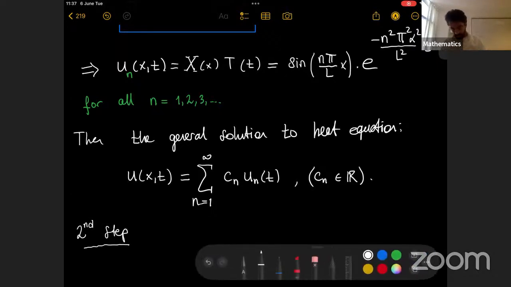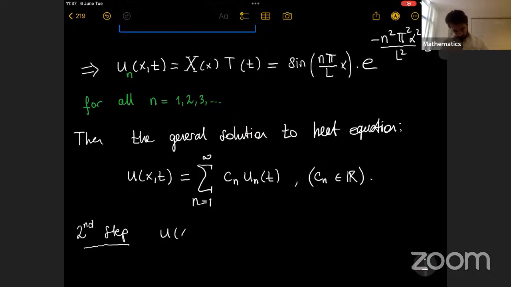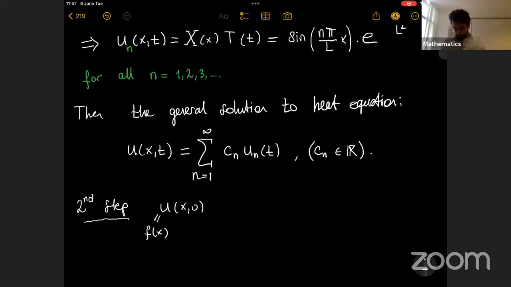Remember, the second initial condition was this: u(x, 0) is equal to f(x), right? f is a function given in the question. So what you do is you plug in t equal to 0.